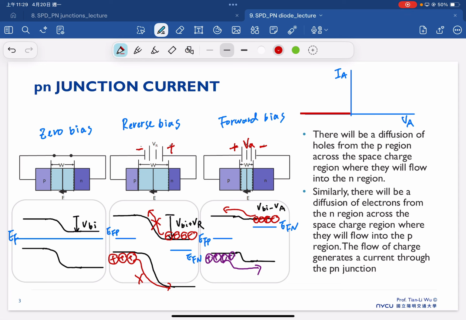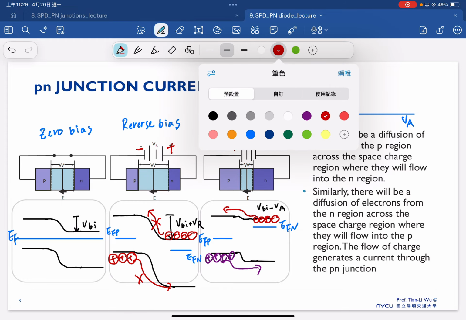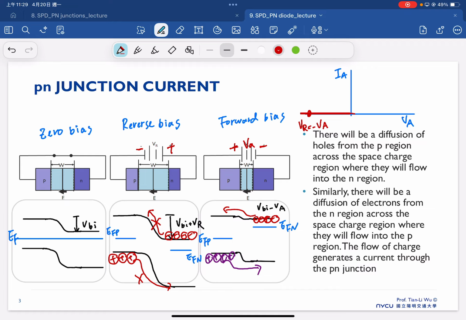This is the case where VR equals minus VA. But now we have a forward bias, and we can start to see current flow. So the expected IV curve will be shown here.